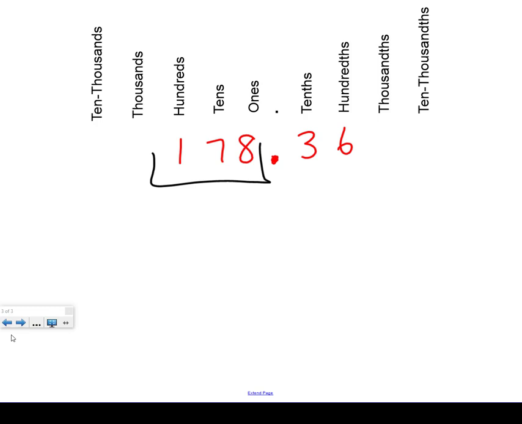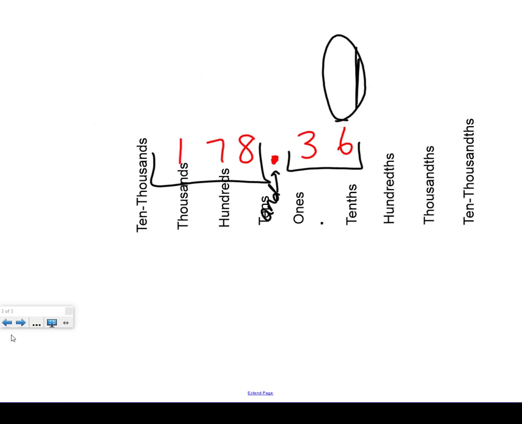Notice that I didn't say 178, right? We say "and" when we get to this decimal place. So we have 178 and what do I see? I see 36, and then you name the place values that it's in. So I have 178 and 36 hundredths.